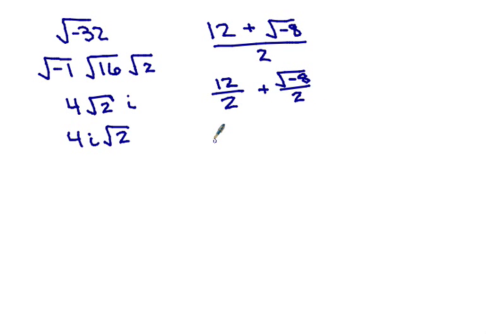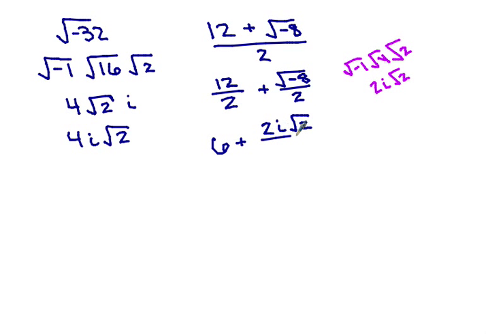So this will end up being 6 plus, and then the square root of negative 8. If we looked at reducing this just like we did the other one, that would be the square root of negative 1, square root of 4, and the square root of 2. So this will end up being 2I radical 2. And so the 2's we'll be able to reduce here. So 2I radical 2 all over 2. Those will cancel.